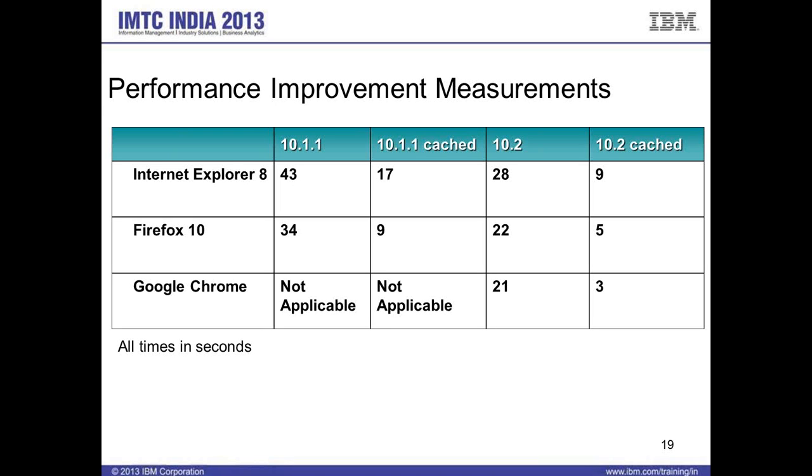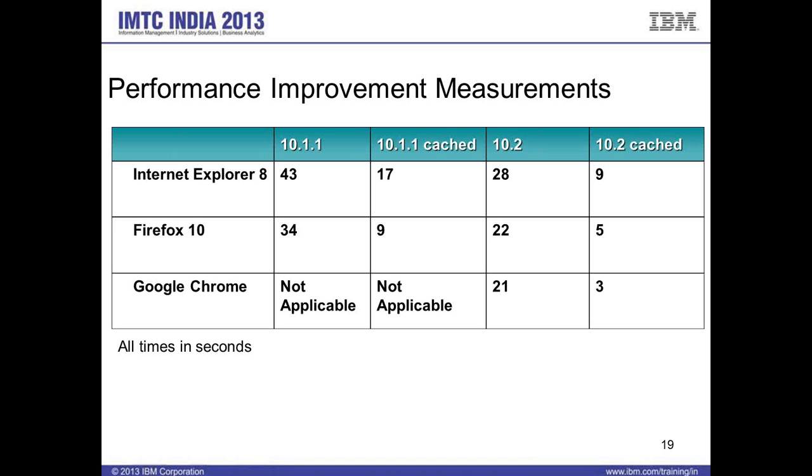So let's see in terms of numbers how Cognos Workspace performs. These are the comparative numbers on multiple browsers, comparing Cognos 10.1.1 Business Insight with 10.2 Cognos Workspace. Here you can see there is a significant improvement in both modes.